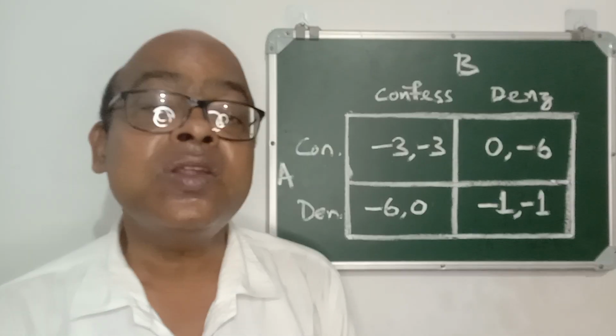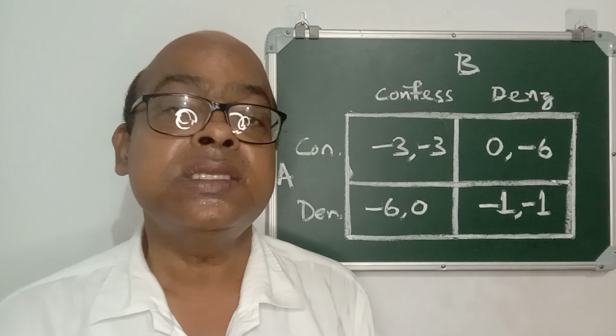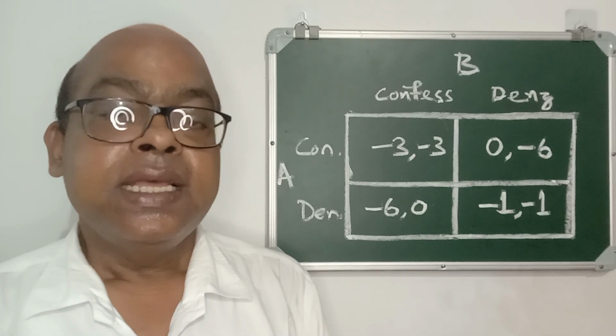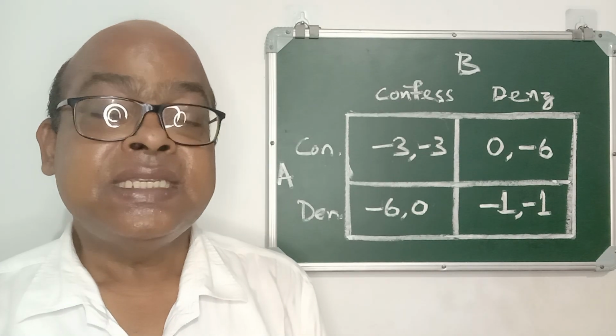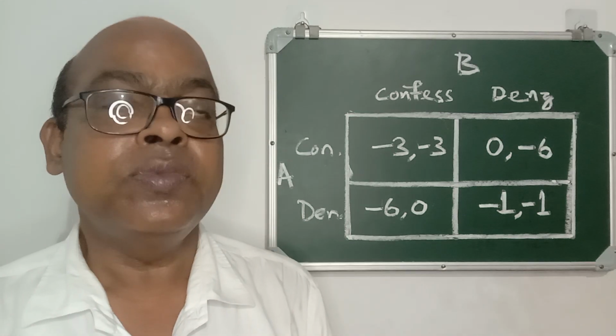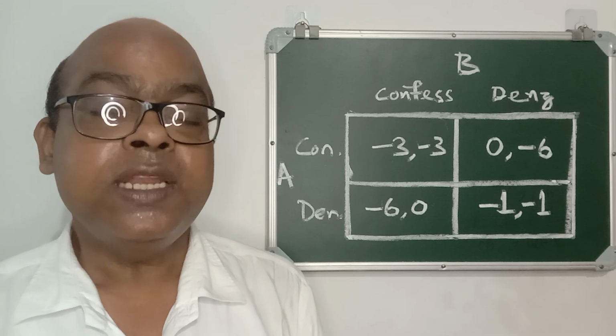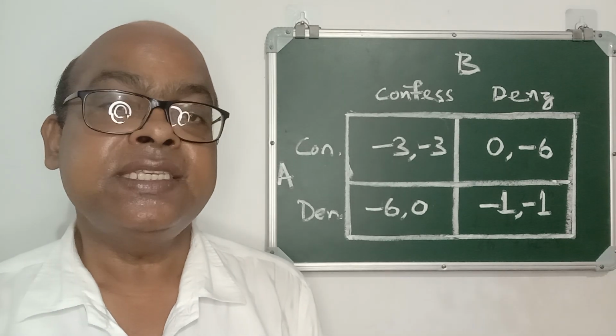What is the application of this prisoner's dilemma in economics particularly? First, we can say cheating on a cartel. For example, we can take the example of cheating on a cartel. In an oligopolistic market, a cartel is there.